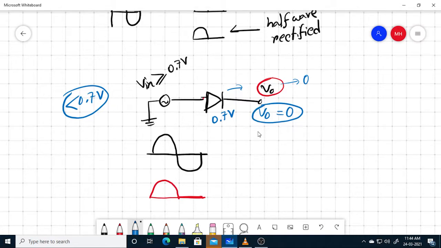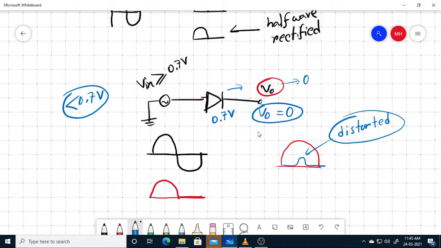If the V in is slightly greater than 0.7 volt, and the input is like this, then the output through the diode will be something like this, very distorted. We don't want that, because in electronics we use very small voltages sometimes, and if we use a diode as a rectifier circuit, then there will be a distorted output, and we do not want that.